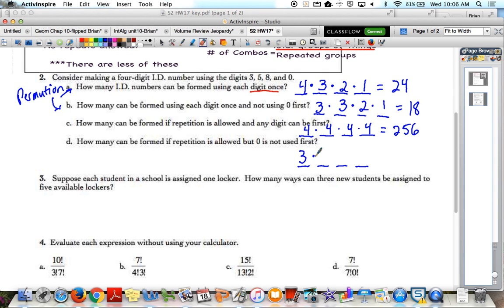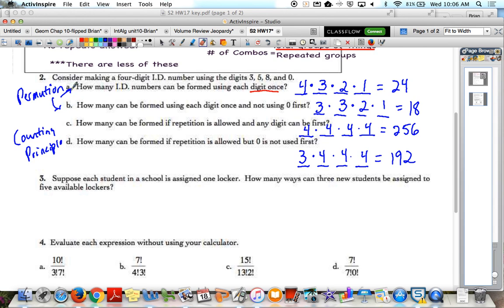But once I get done with that first number, I can use any of the numbers for the second slot because it says repetition is allowed. And I could use any of those numbers for the third slot and any of those numbers for the fourth slot. So 3 times 4 times 4 times 4 gives me a total of 192 different ID numbers, assuming repetition is allowed. So in C and D, we're kind of just using the counting principle.